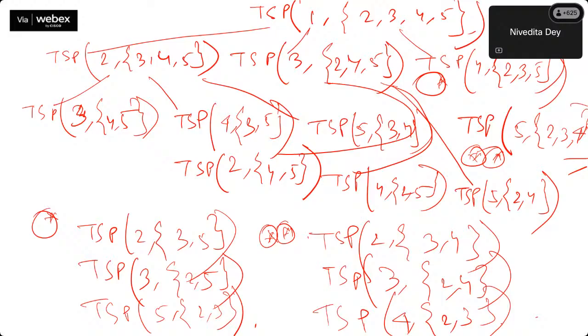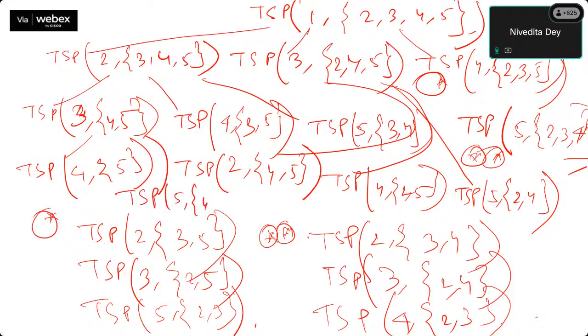Right? Now again, all these will expand, so this will now be TSP 4 then 5, and TSP 5 followed by 4. Similarly, this kind of expansion will happen for all the subproblems being called.